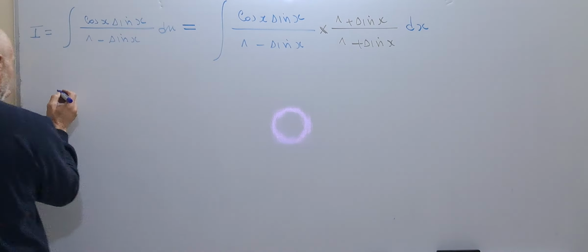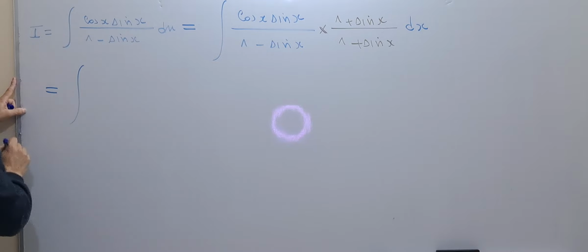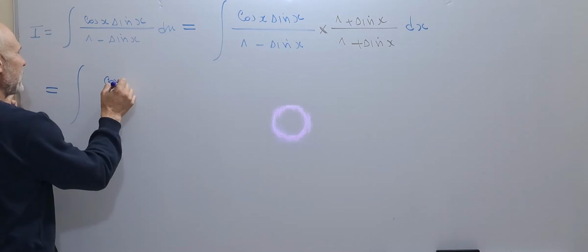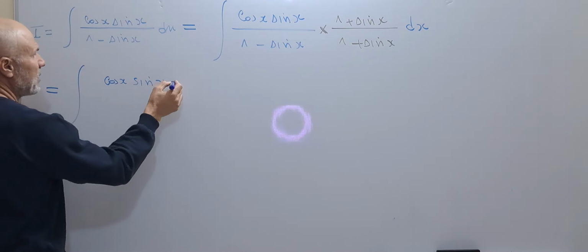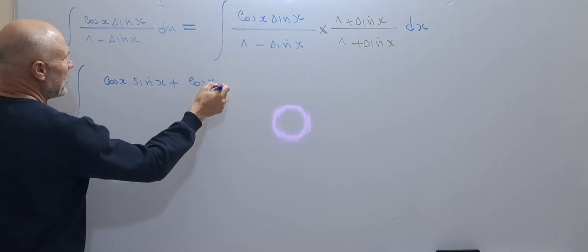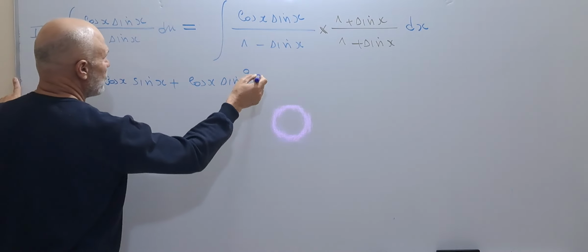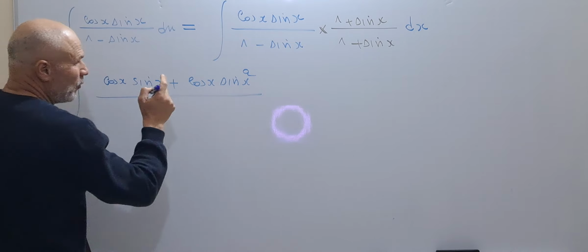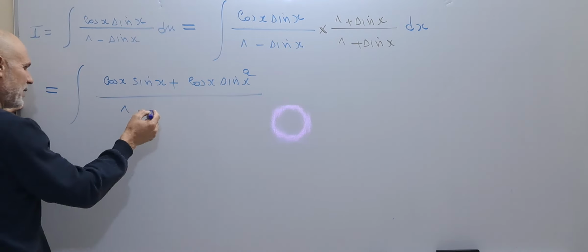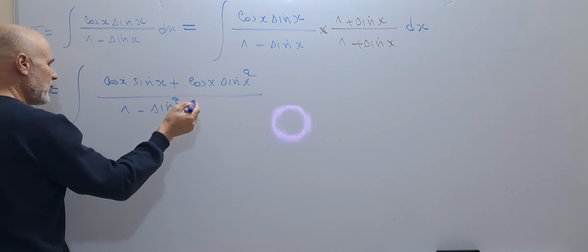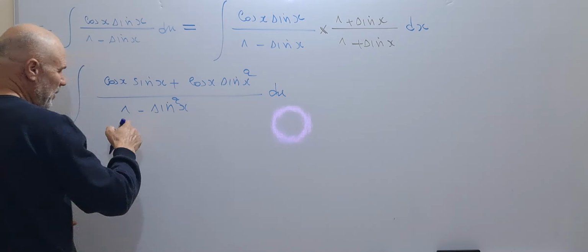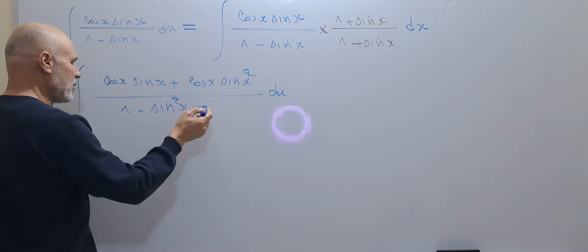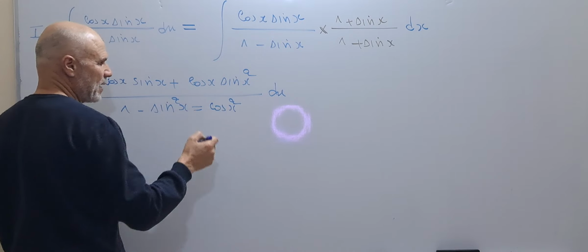And we can find that this gives us cosine x sine x plus cosine x sine x square over 1 minus sine x square dx, but 1 minus sine x square is equal to cosine x square.